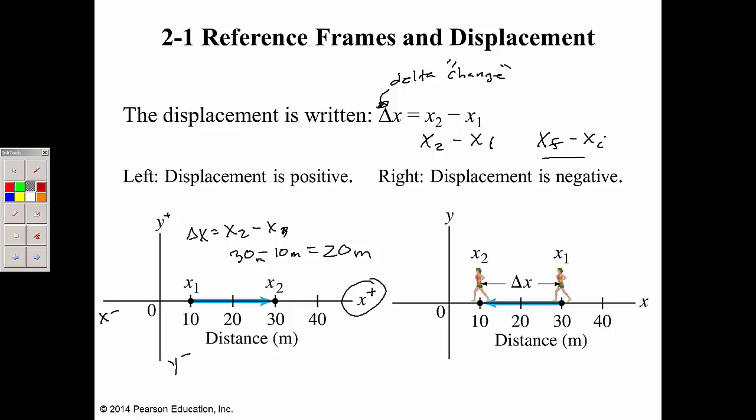Now if I move in the opposite direction from the right to the left, then my displacement, x2 minus x1, where x2 is now 10 meters and x1 is 30 meters, then I get negative 20 meters for my displacement. All the negative sign really means is I've moved from the right to the left. Now just to note, the distance that you've traveled is 20 meters in both examples. So distance doesn't really have a direction associated with it, however displacement does.